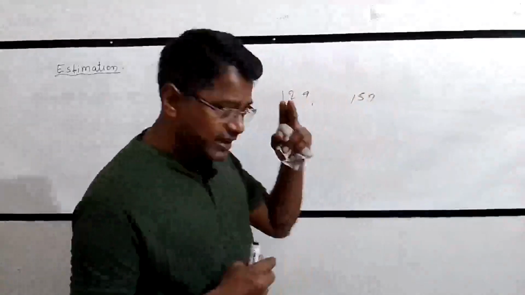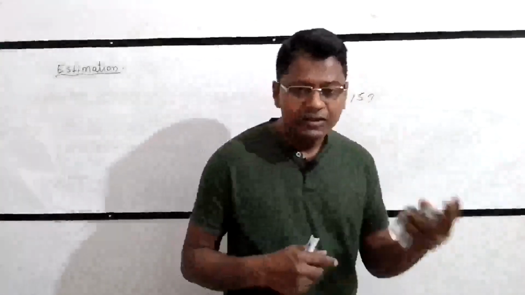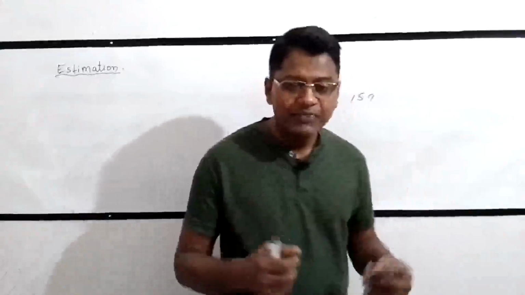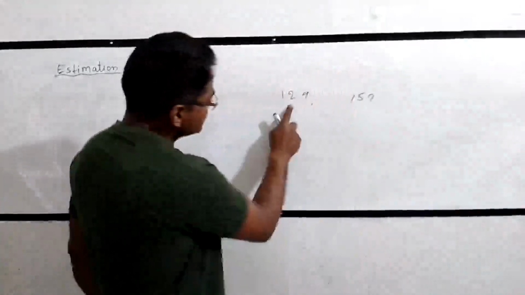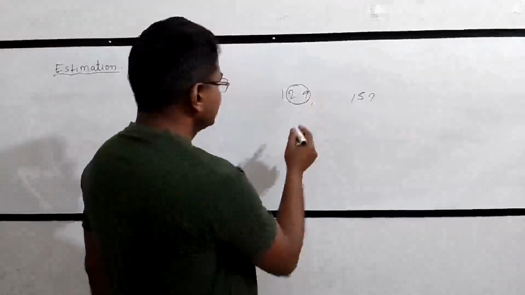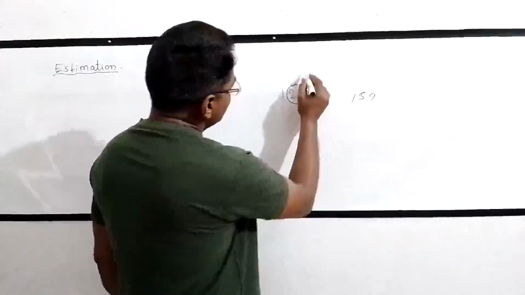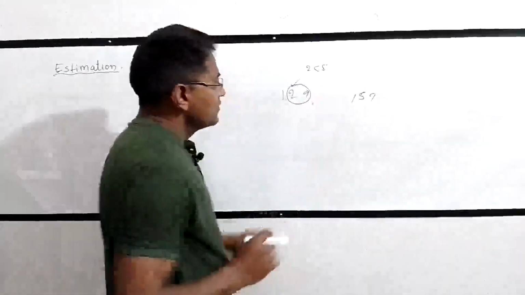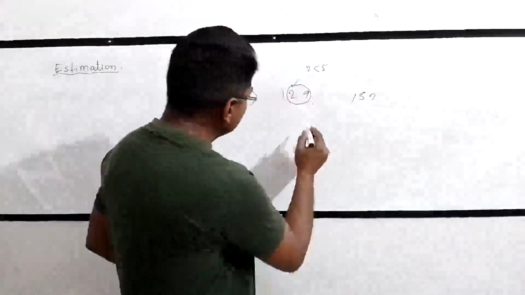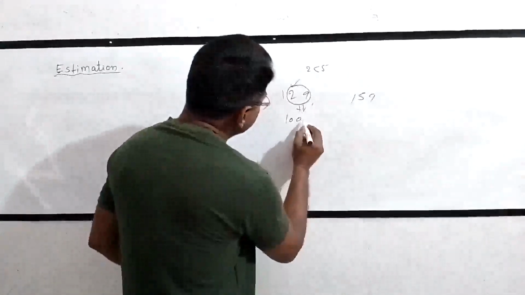If it is tending less than 50% towards the previous round figure, then you consider the previous round number as the estimation. In 29, the figure 2 is less than 5, showing that this number is tending towards 100.